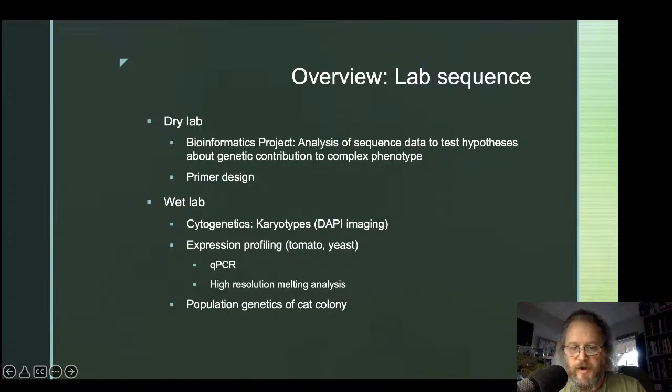Now this last one here, population genetics of cat colony. You are aware that there's now a substantial effort by Dr. Grabowski and the environmental science and studies programs to take care of the cats. So we've talked in the background about how it would be nice to see if we can do a pedigree, basically, to see who's related to whom.